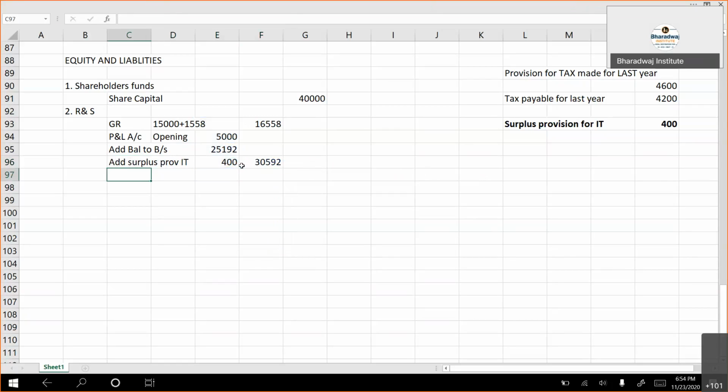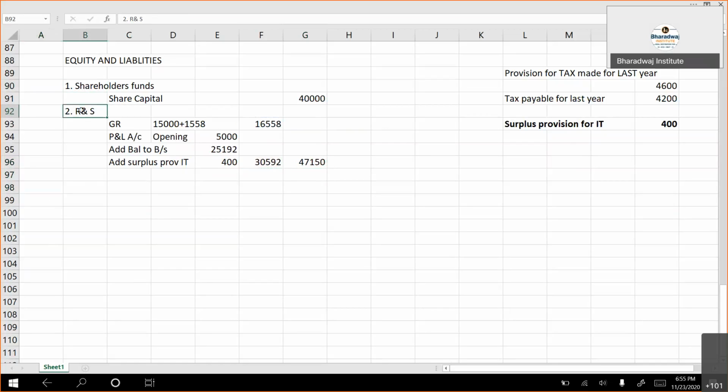Any other thing that will come here? That CDT and all will come in short-term provisions. So general reserve plus P&L account, 47,150, is the total of reserves and surplus. Done. This is shareholders funds.